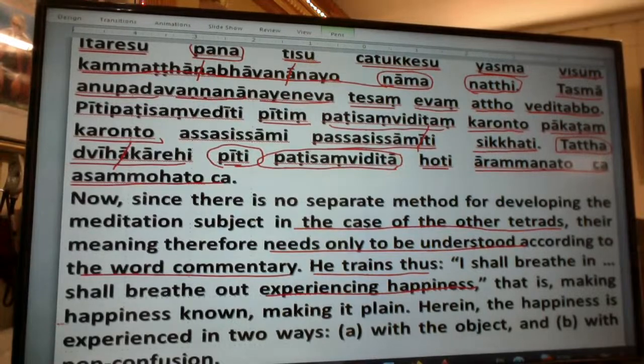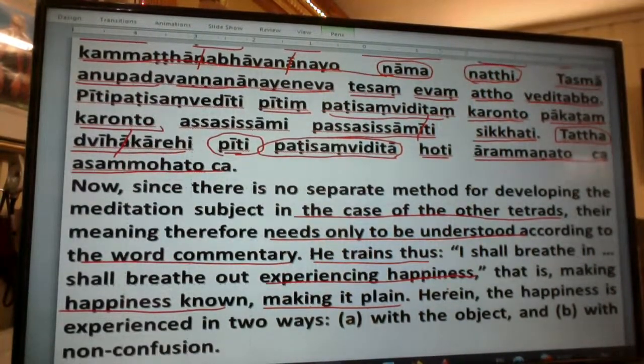That is making happiness known. Here the happiness or joy is experienced in two ways: with the object, with non-confusion. Asamoha is non-confusion, no ignorance.